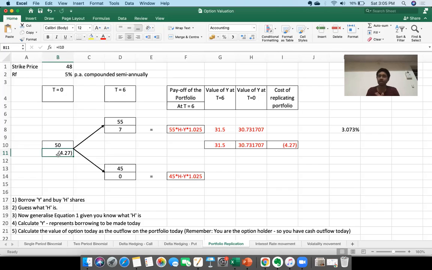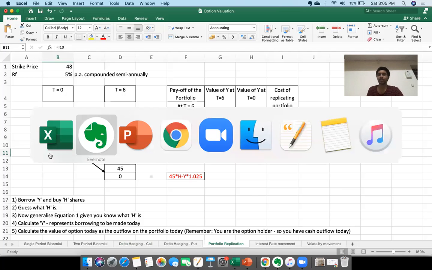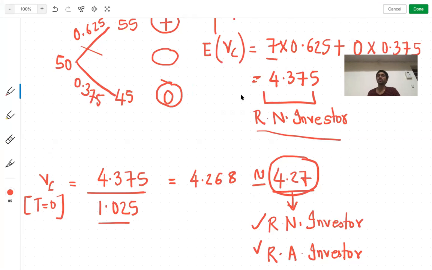Without assuming any risk neutrality, which means we were working in the real world, in both delta hedging and portfolio replication, we got an option price of 4.27 for a call option. Making an assumption of risk neutrality also, we got the same option value of 4.27, right?